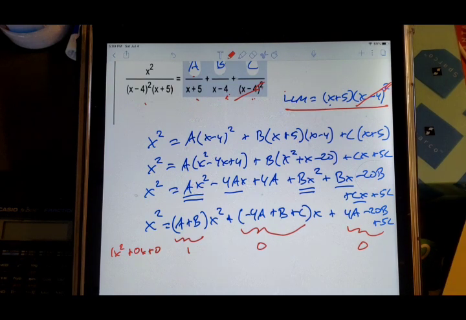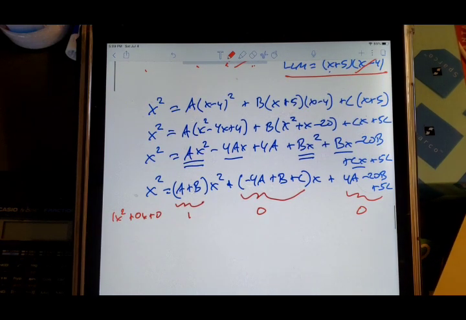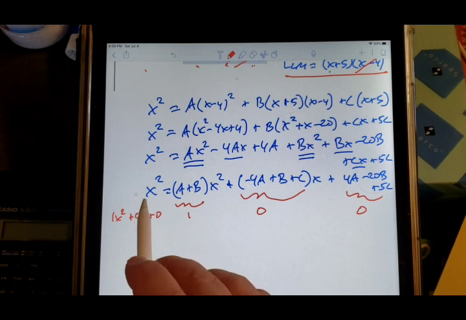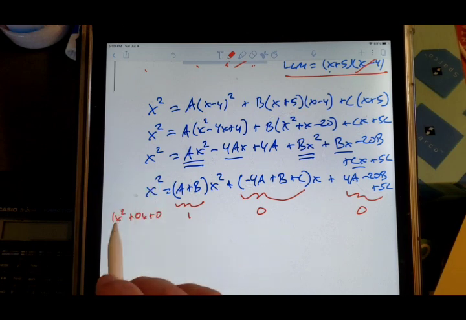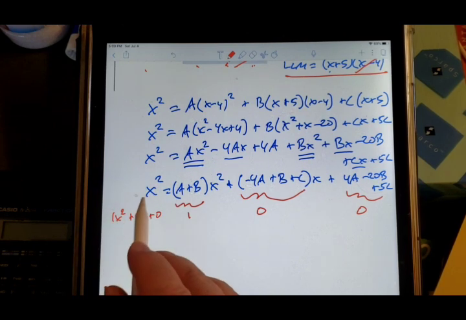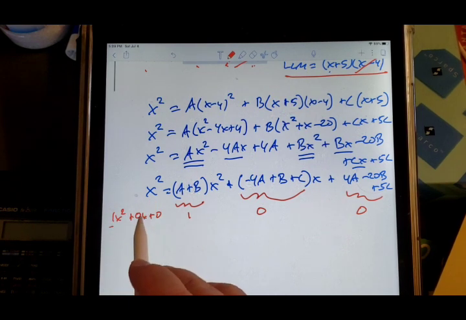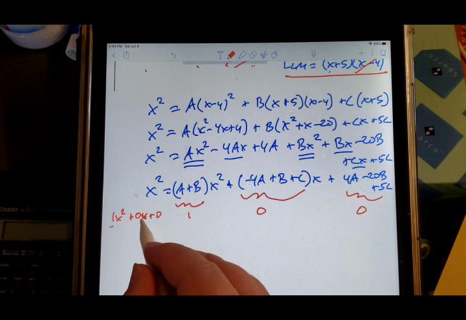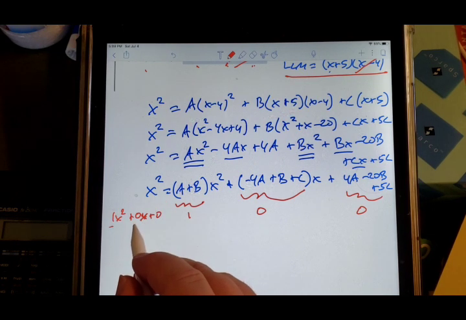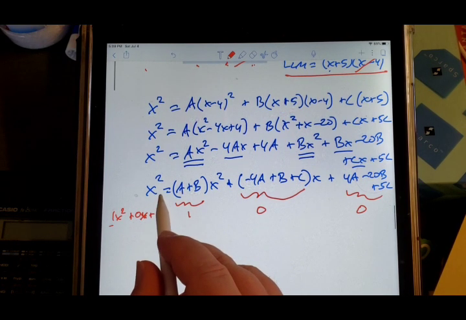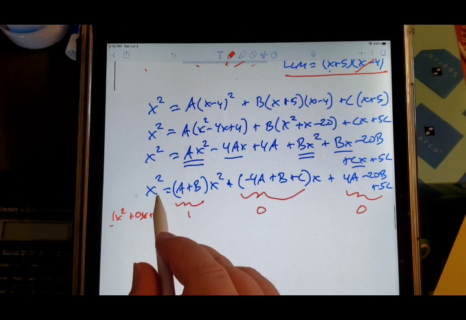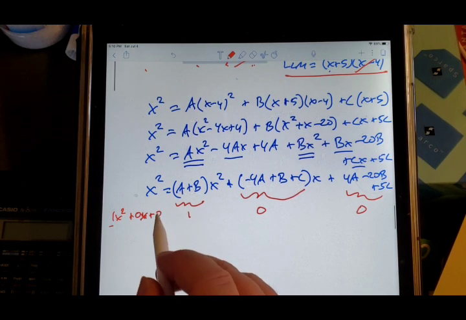I want to package these into a polynomial on this side where I know the coefficients. The coefficient of x squared is 1, the coefficient of x, since there's nothing there, is 0x, and the constant term, or the degree 0 term, is 0.